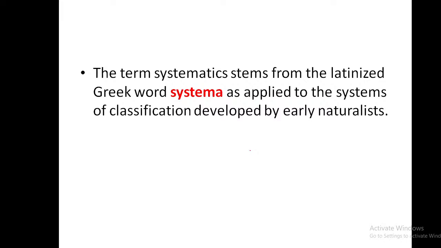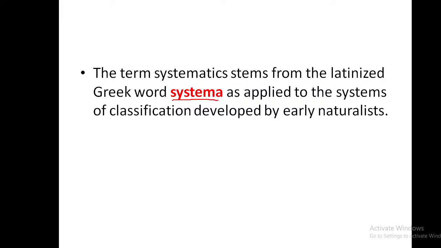Now, the term systematics came from the Latinized Greek word systema, which is applied to the systems. It came from the word systema, and the name was developed by Carl Linnaeus in his historic book, that is Systema Naturae.